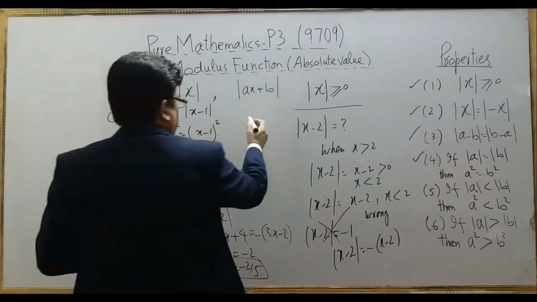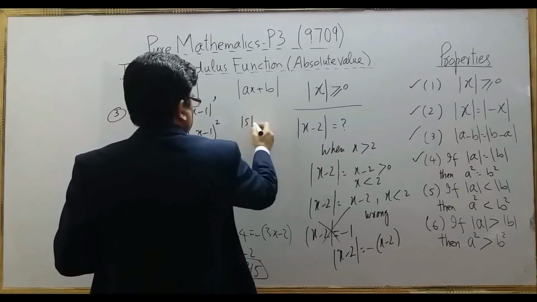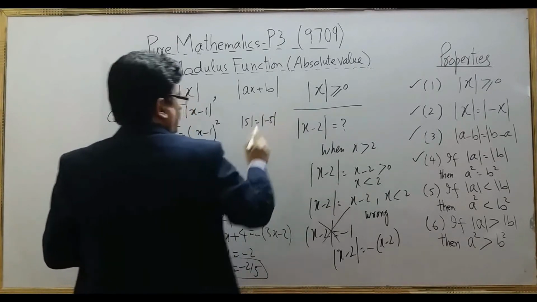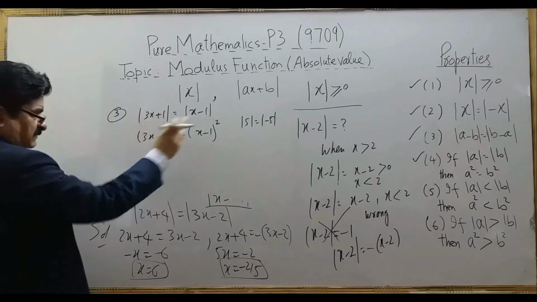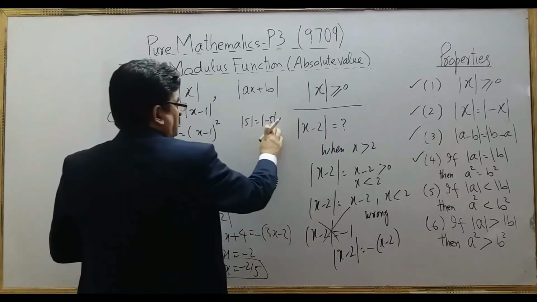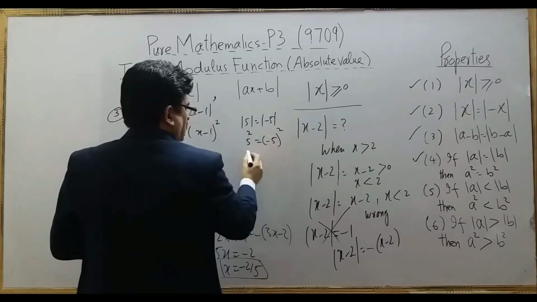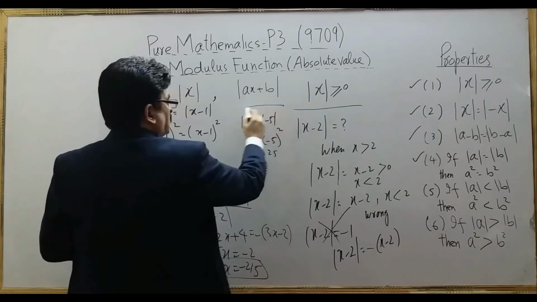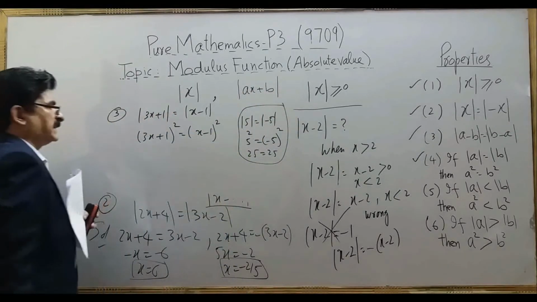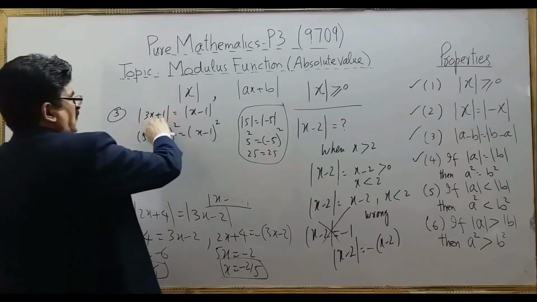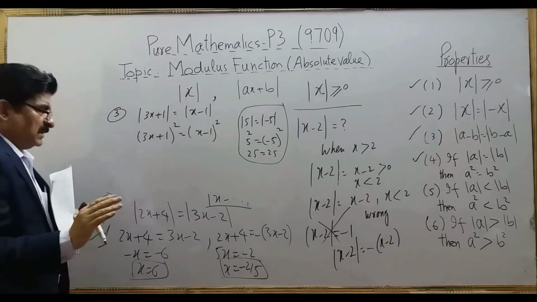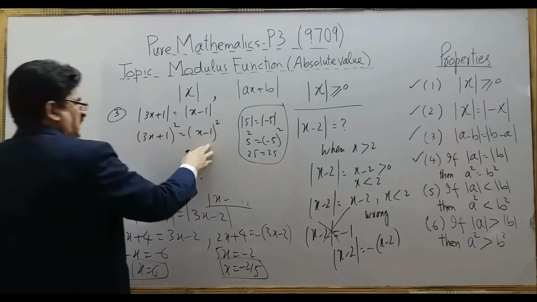For example, you can also understand |5| is equal to |−5|. To understand this, I am giving you a simple example. If |5| is equal to |5|, of course then if you square both sides, you will get 25 is equal to 25. Keep this example in mind. So if the moduli of two functions are equal, then their squares will also be equal.